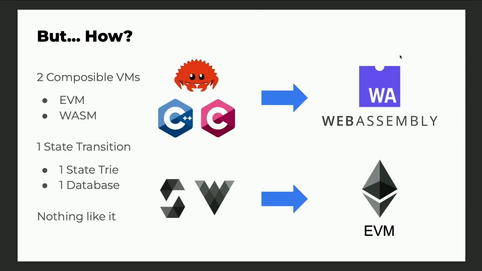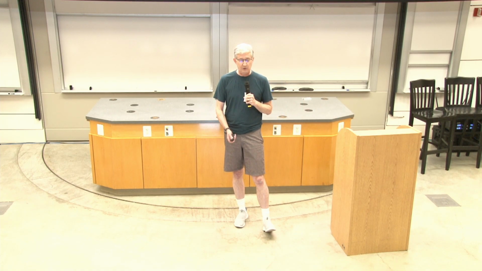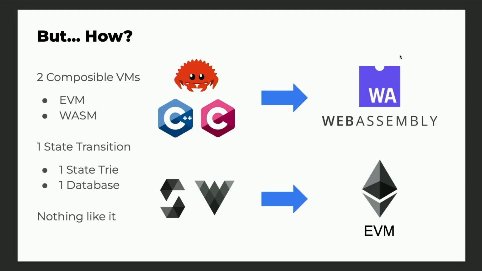So how do we actually do that? I want to spend most of my time talking about how we do it. The first thing is that we have two virtual machines that run together and are fully composable. If you write in Rust, C, or C++, you can compile to WASM using, say, an LLVM toolchain, or you can write in Solidity or Vyper or anything else that generates EVM, and then your code will run on the EVM.